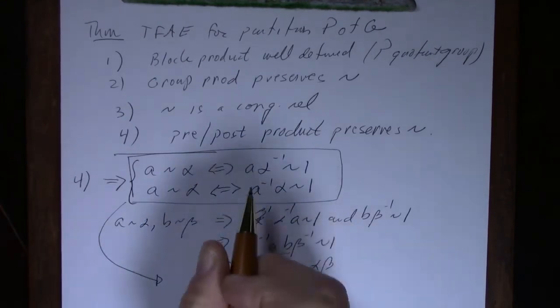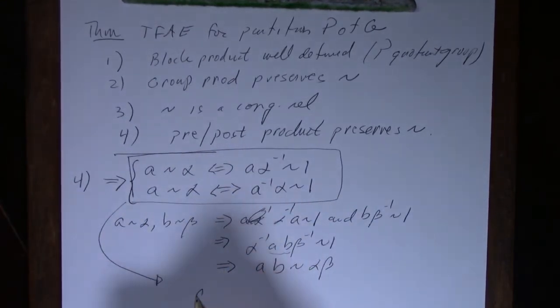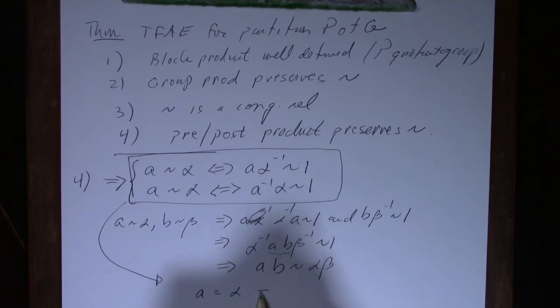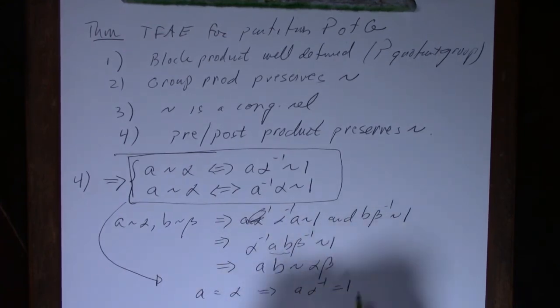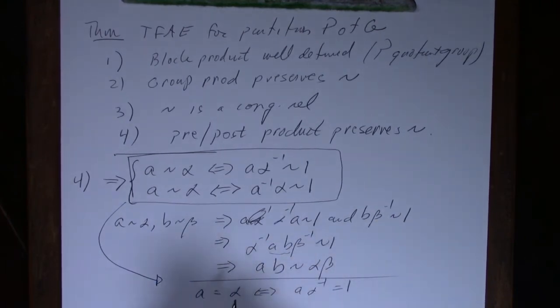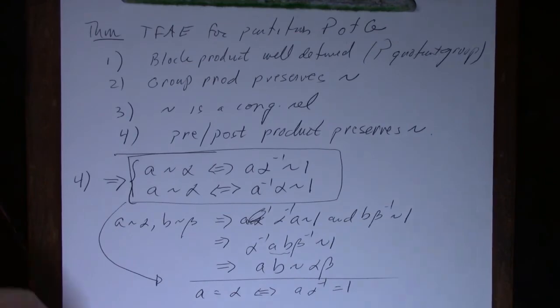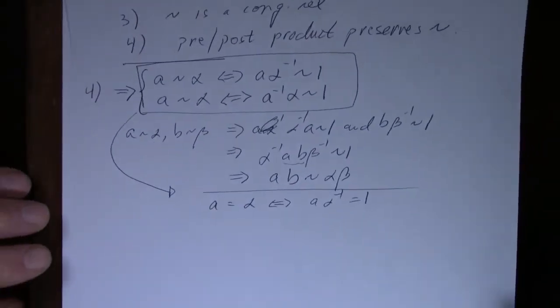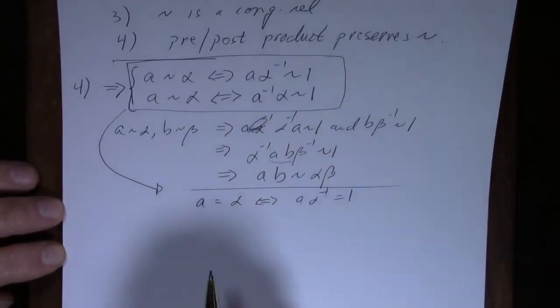Well, if we had A equals alpha, that would certainly imply that A alpha inverse was equal to 1, and conversely, you can move elements across equal signs and turn them into their inverses, and we're doing the same thing here with the equivalence relation.